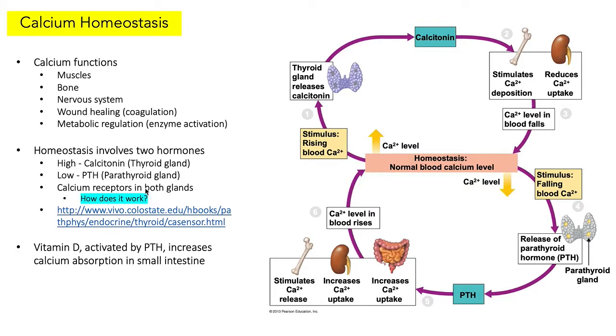There are calcium receptors in both glands. How do they work? I'm going to give you a link here; it's pretty nice. The calcium receptors are calcium sensing receptors that sense the presence of calcium in the bloodstream.